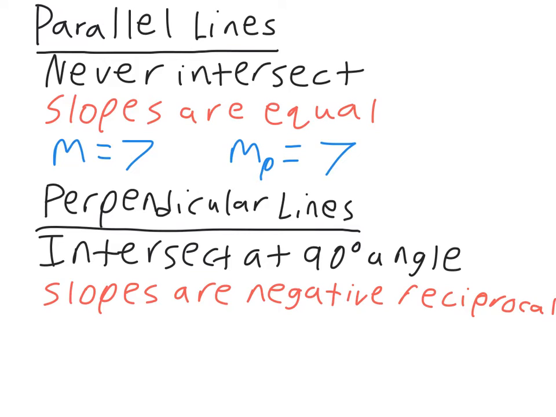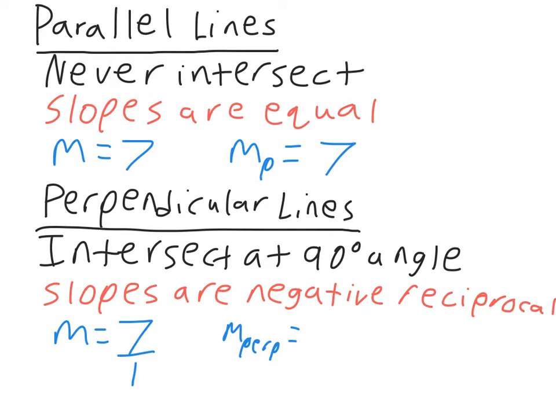So what that means is if I have a slope, let's say 7 again, the slope of the line perpendicular to that, well, 7 as a fraction is 7 over 1, right?